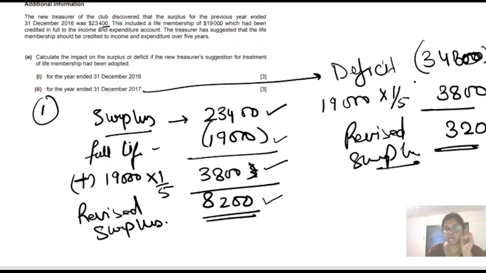Because we are already in deficit and the income is 3,800, we get a revised surplus, that is 320. So this is the question. I hope you understand this. Thank you and have a nice day.